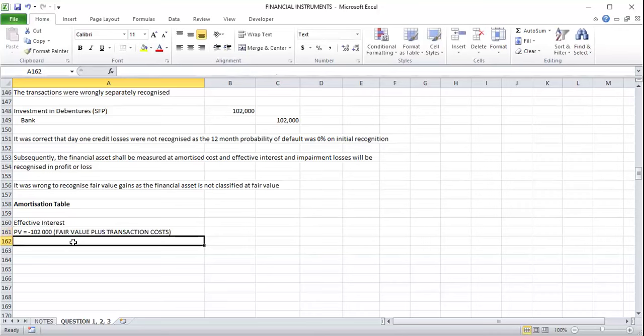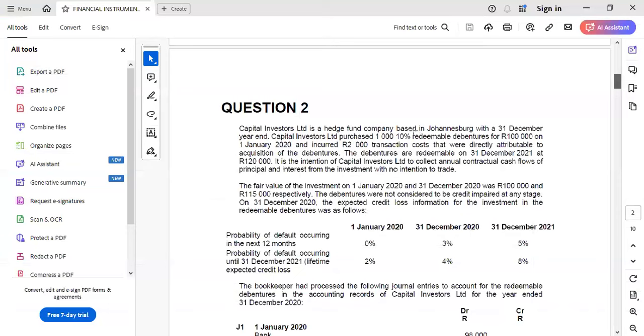Then our PMT would be equal to our coupon here. We have 10% of 100,000.